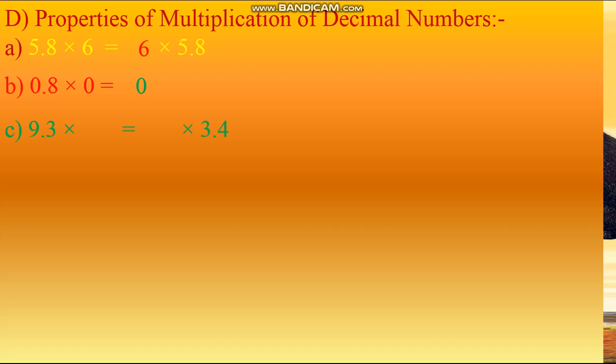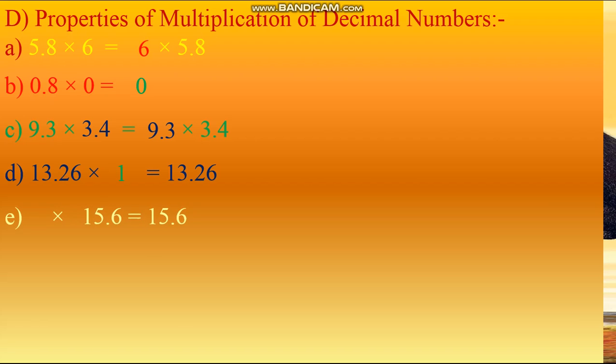Now this is the commutative property. 9.3 into, first will be 3.4 and here we will have 9.3. Then 13.26 into dash equals 13.26, which means if we multiply a number by 1, we get the number itself. So here the answer will be 1. Then again the same thing, so the answer will be 1.